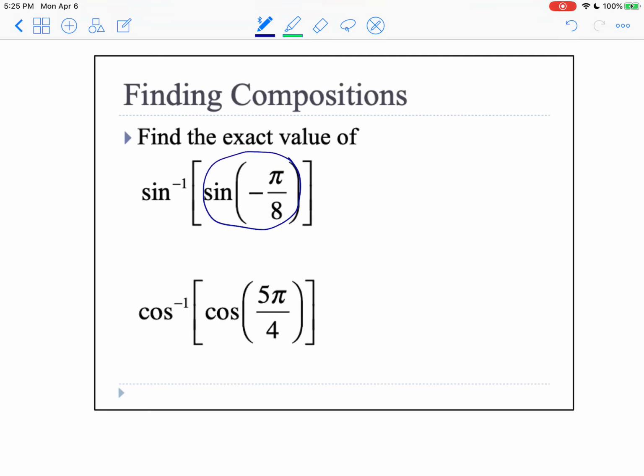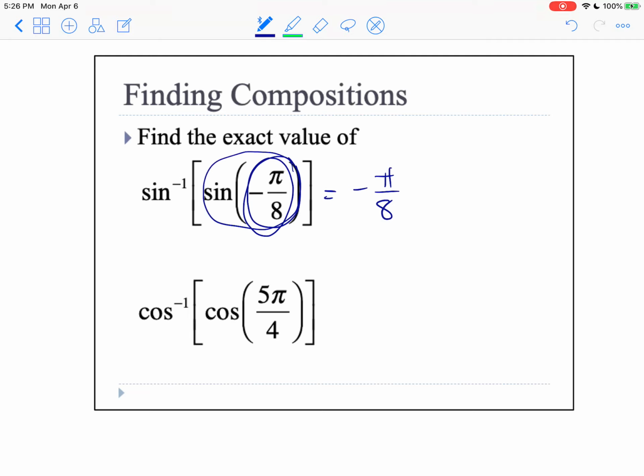It's not one of the values that I know because it's not part of our memorized unit circle, but it is a y value on the unit circle. It would probably be negative because it's in the fourth quadrant. And then inverse sine would take that y coordinate and spit back out the angle that created it. Since we were given the angle to begin with, we end up with negative pi over 8.